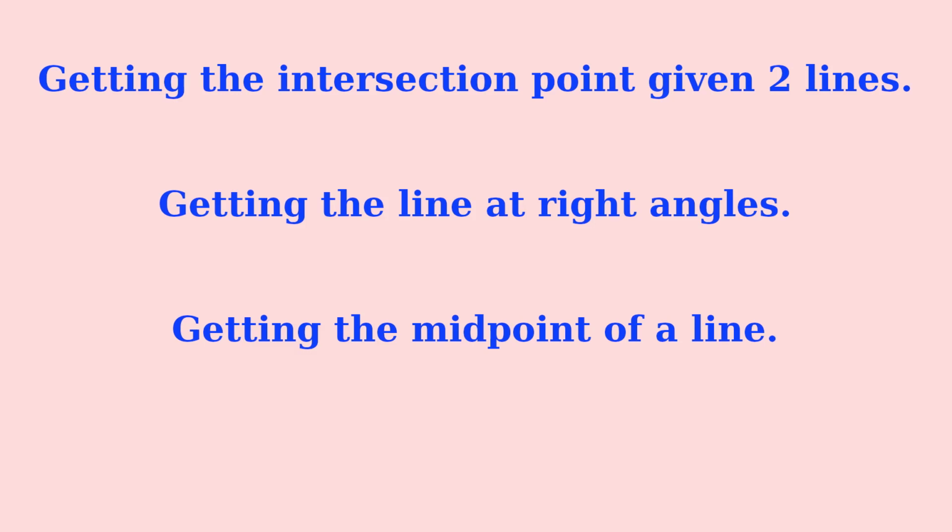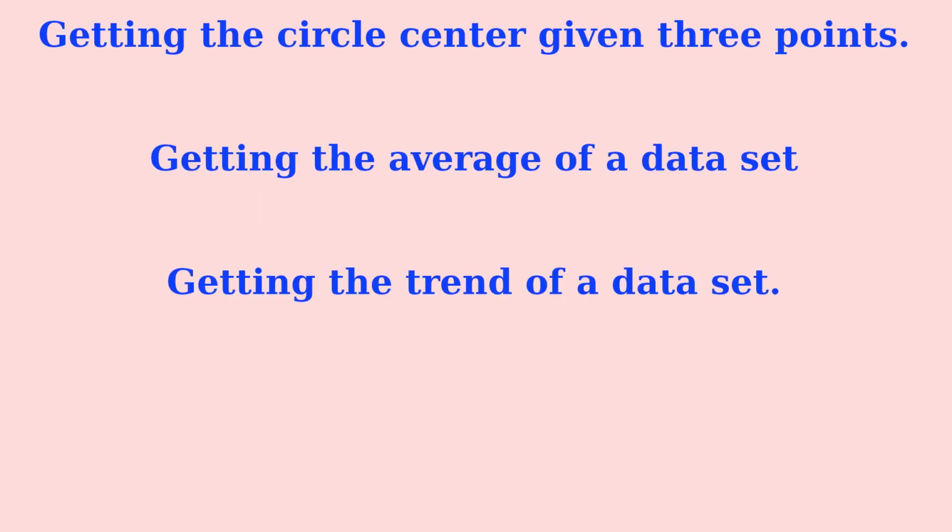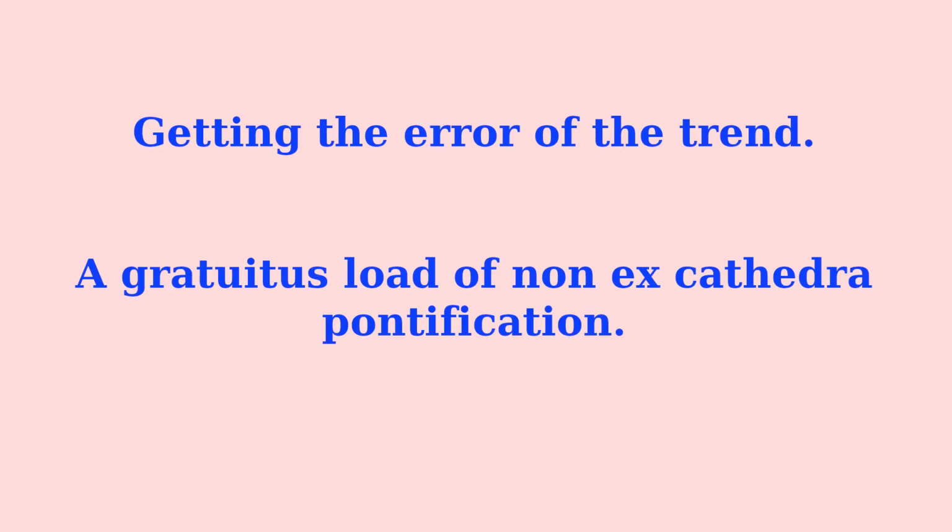Getting the midpoint of a line. Getting the circle center given 3 points, getting the average of a data set, getting the trend of a data set, getting the error of the trend, and a gratuitous load of non-ex cathedra pontification.